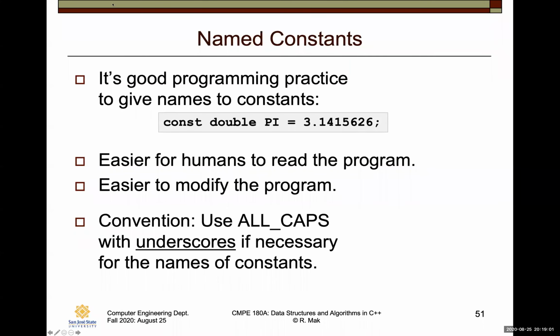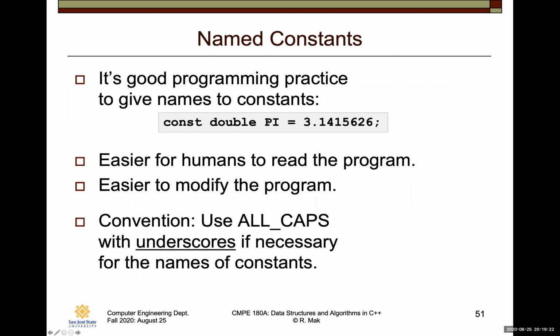So one thing you can do is declare what's known as a constant and give it a name. All right, so pi, which I've now written in all uppercase letters, is a double, and I'm saying it's a constant, meaning that pi is never going to change its value.